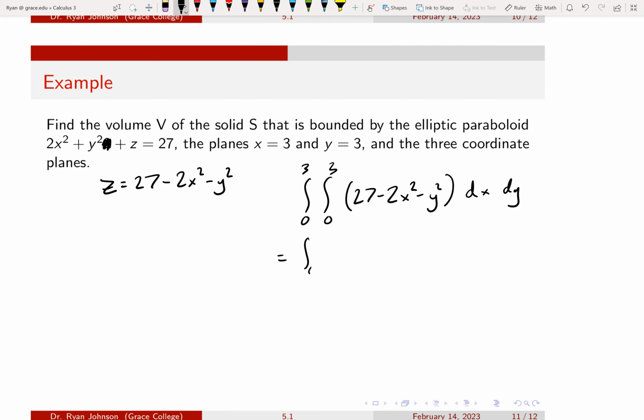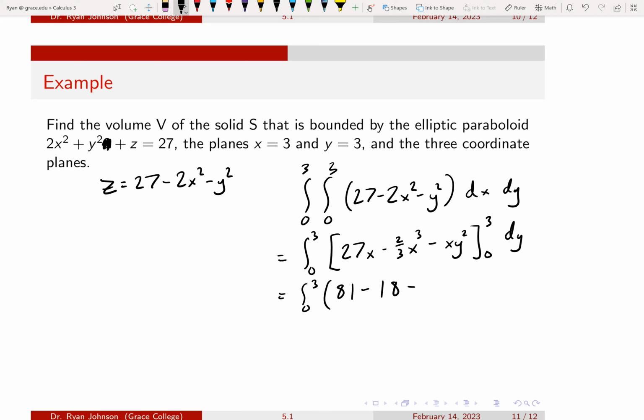Well, integrating with respect to x gives me 27x minus 2/3 x cubed minus xy squared from 0 to 3. Y, that's equal to 0 to 3 of, well, 27 times 3 is 81 minus 2/3 times 27, which would be 2 times 9, which would be 18.